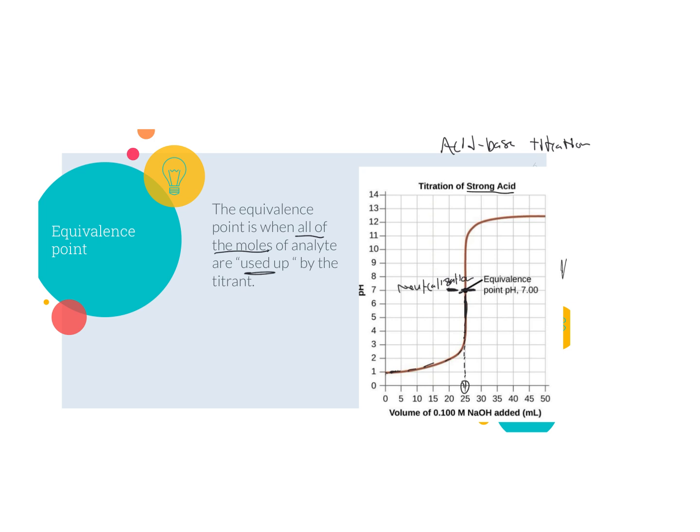And from the volume of NaOH and the molarity of NaOH, because this is your titrant, you know both of those things, you should be able to calculate the number of moles. And because you know the number of moles there, and you know your chemical reaction, you should be able to calculate the number of moles of analyte.